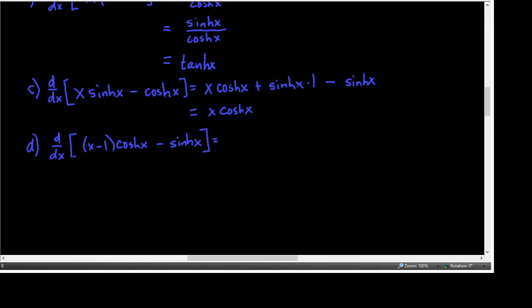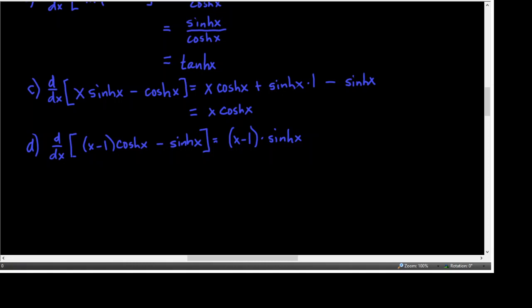So the first, of course, is a product, so we'll do the product rule. First times the derivative of the second. And you have to really make yourself not write a negative there because the derivative of cosine itself is negative sine of x, but the hyperbolics is a little bit different, so really pay attention to that.